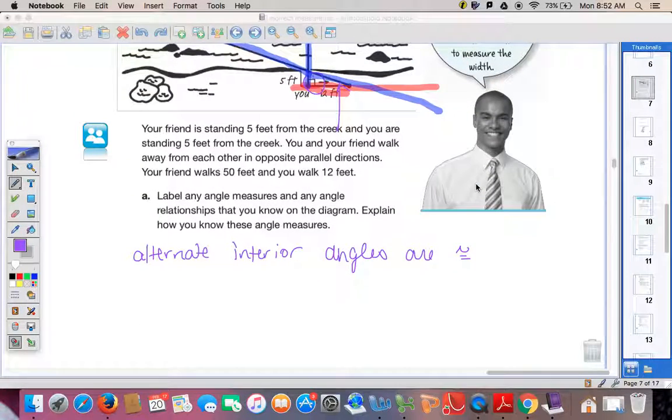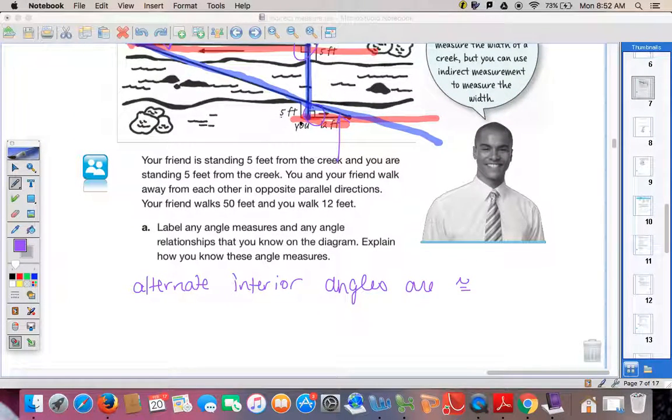Okay, so because they're congruent, and because we have this 90-degree angle here, we know that these two triangles are similar. So our triangles that are formed are like this. We've got this 90-degree here and this 90-degree here. If we look at the small triangle first, this is 5 feet and this is 12 feet.